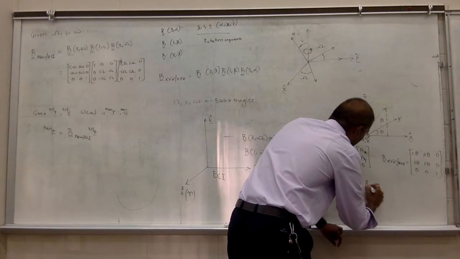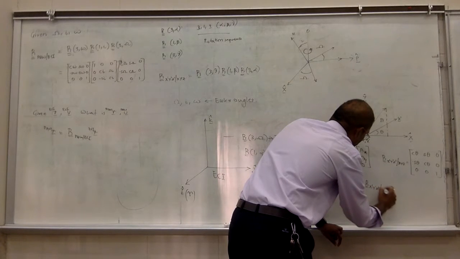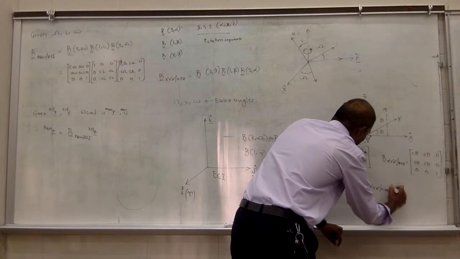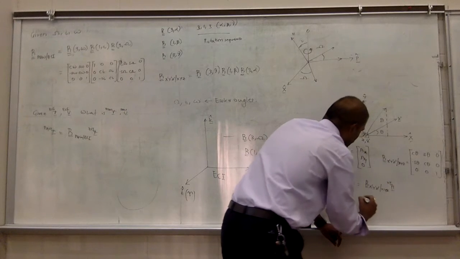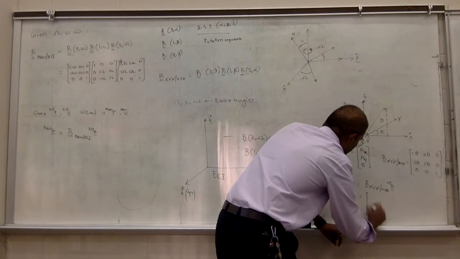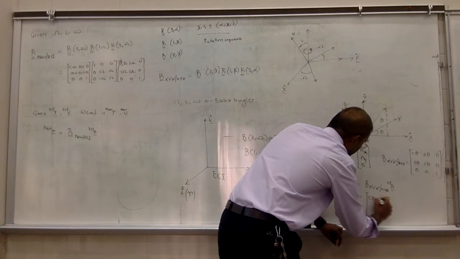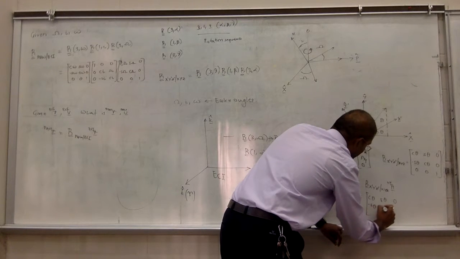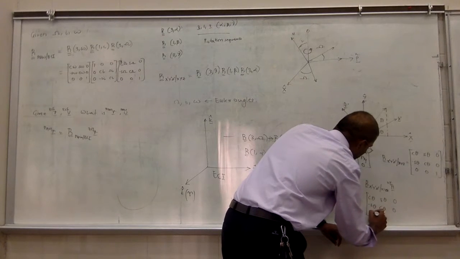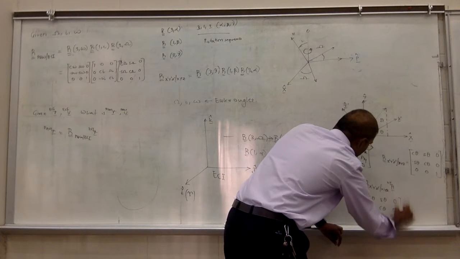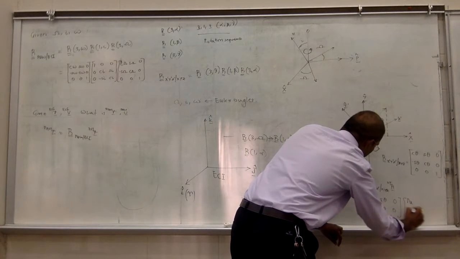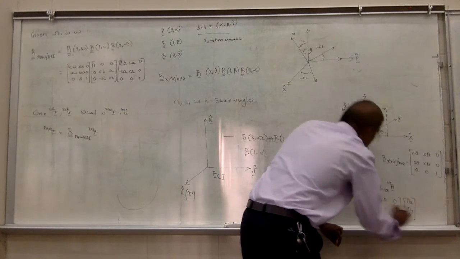R from x prime y prime z prime to x y z, times a x y, or cosine theta sin theta 0, minus sin theta cosine theta 0, 0 0 1, times a.